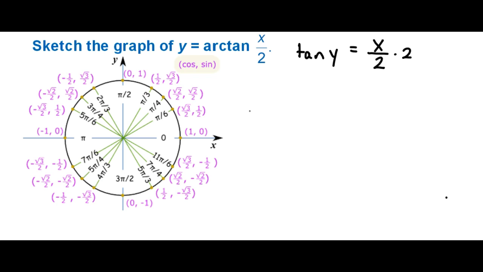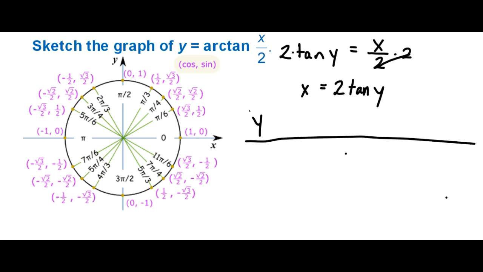So then I can multiply both sides by 2, and I get x essentially is equal to 2 times the tangent of y. So when I put in y values that I know the tangent of, then I can figure out what x would be. So let's use some common ones.